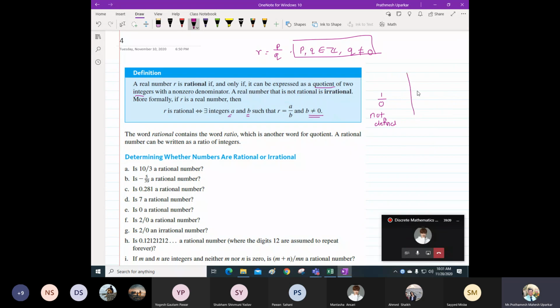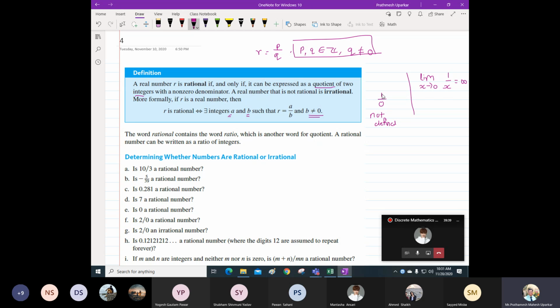You can say that limit x tends to 0, 1 upon x is equal to infinity. But if you have 1 upon 0 directly, when I use x tends to 0, x never equals 0. So when we call this a limit, we say that limit x tends to 0 is equal to infinity.